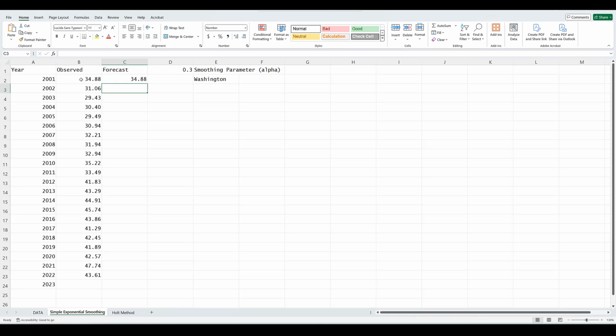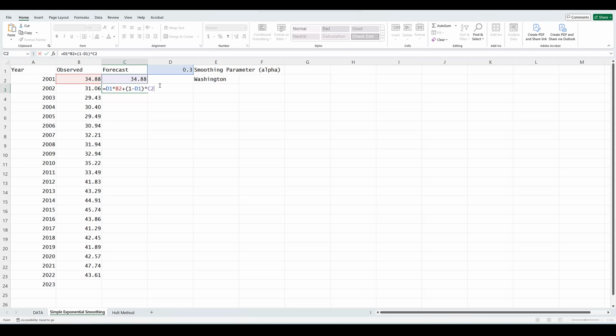Then for the remainder of the forecast, the forecast for 2002 in this case would be the smoothing parameter times the observed value from the previous period, plus 1 minus the smoothing parameter times the forecasted value of the previous period. Okay.